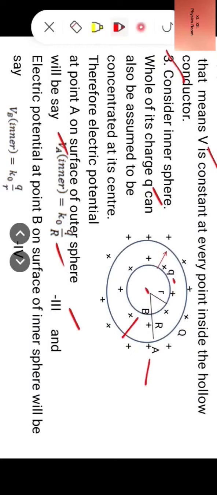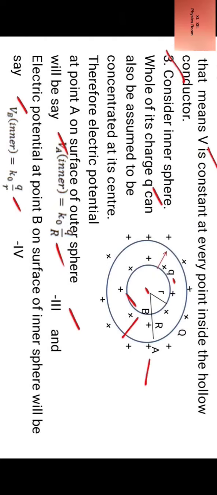And electric potential at point B on the surface of the inner sphere will be, say, VB inner equal to K naught q by r. And let us mark it as equation 4.